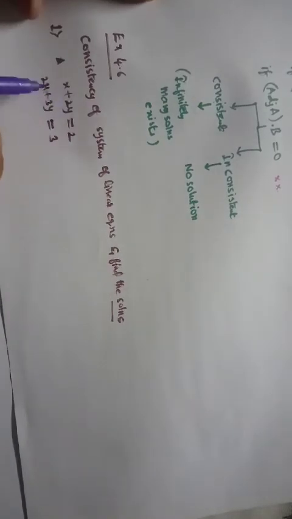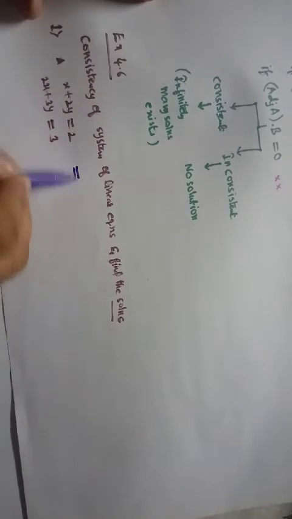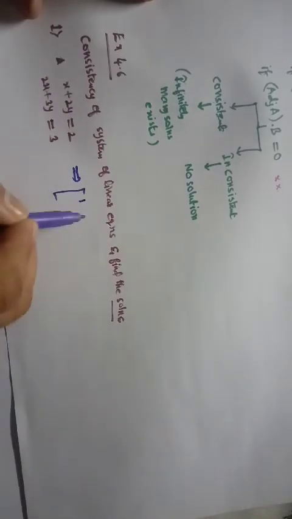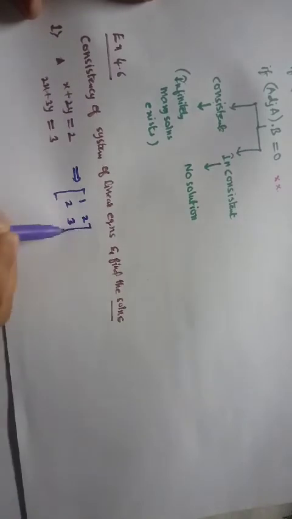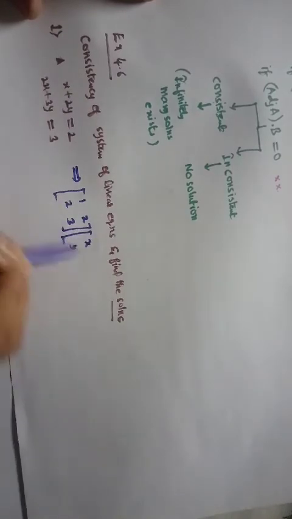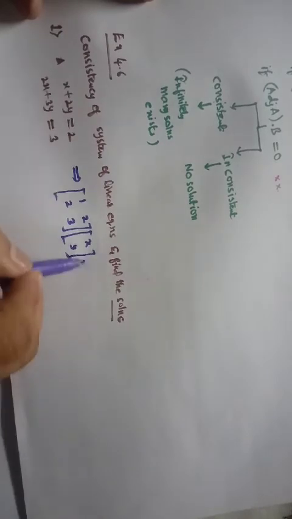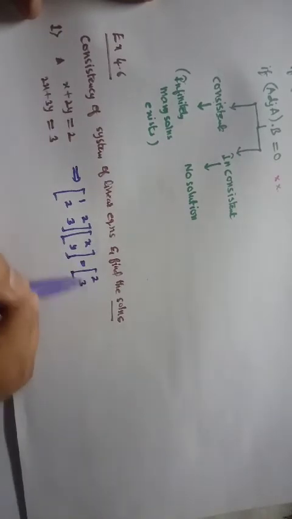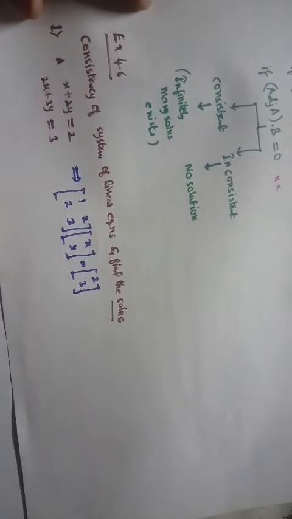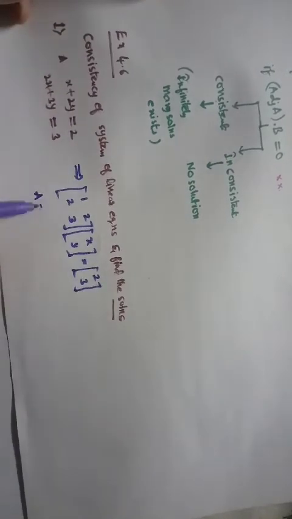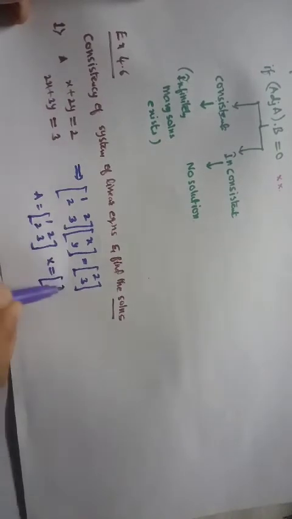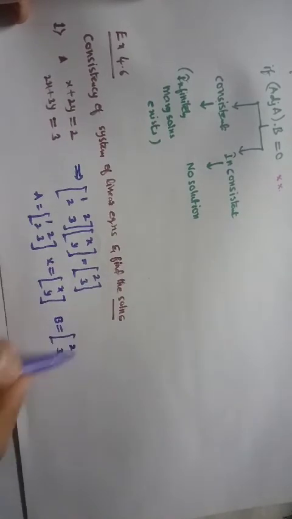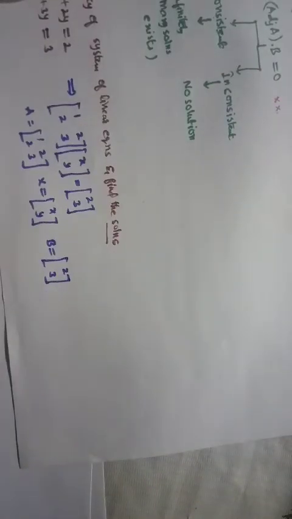The coefficients of x and y we need to write in one particular matrix: 1, 2, 2, 3, and the variables x, y are written in a separate matrix, and the resultant can be written in the other. Now A can be taken as 1, 2, 2, 3, X can be taken as the variables x, y, and B can be taken as 2, 3.